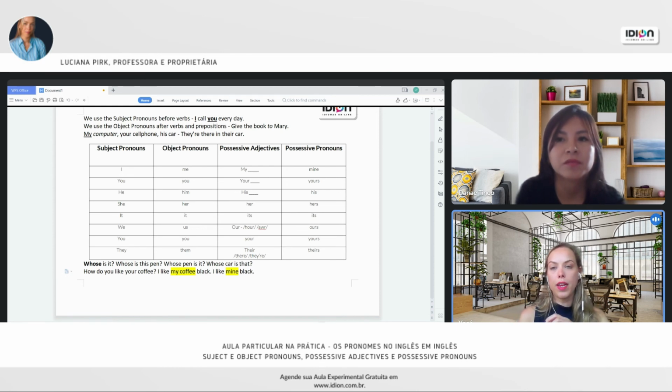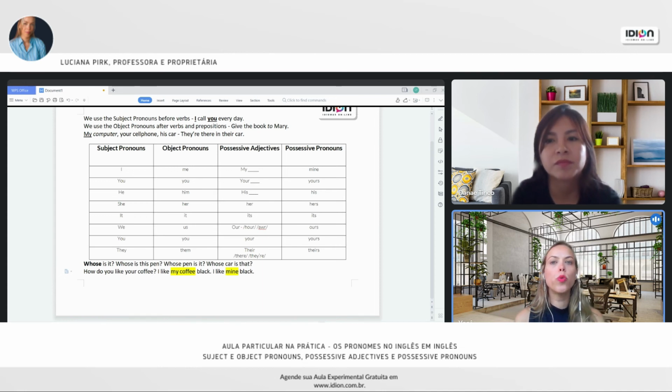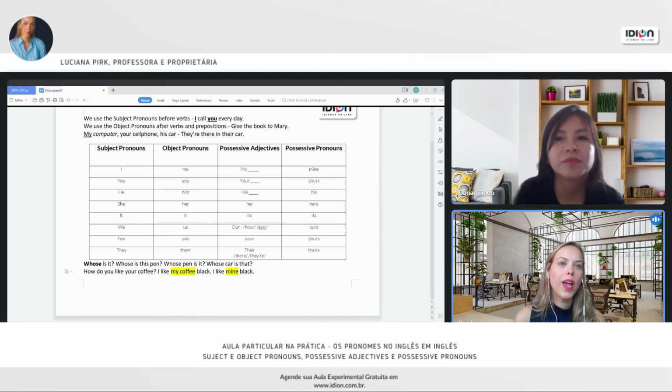I noticed that this is something that, in Portuguese, we don't have two ways to say that. We say "é meu" or "é meu carro," right? We don't have a specific way to say this, and we can never say "it's my" in English.